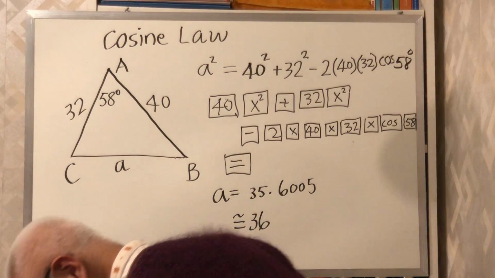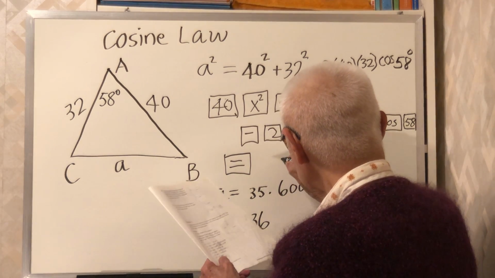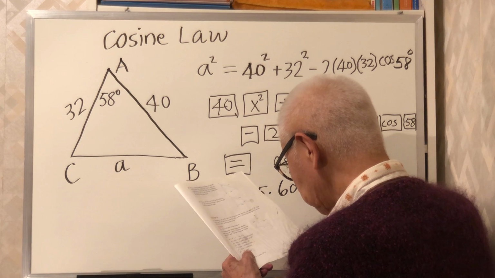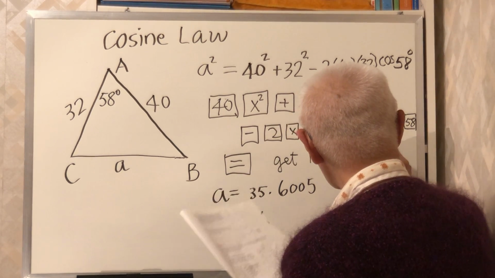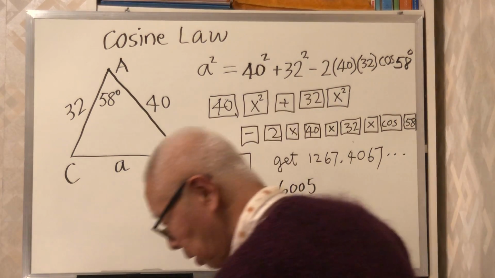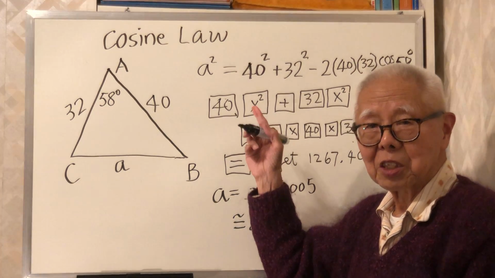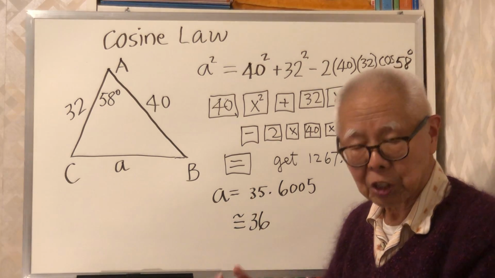You get this. Then you get 1, 2, 6, 7, 3, and so on. Look, if you use a calculator in one step like this, you get all the decimals on your calculator.